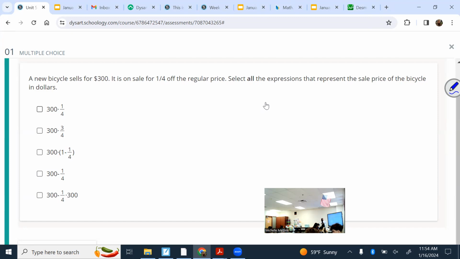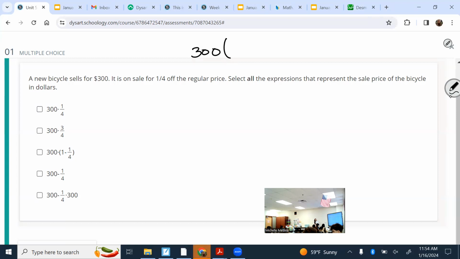So if it's on sale for 1/4 of the regular price, this is where I said, like, this has saved me a step in the real world. Instead of doing 300 times 1/4 and then subtracting it from 300, what could I just multiply it by? So I mean, you're not wrong, but that's like 2 extra steps.